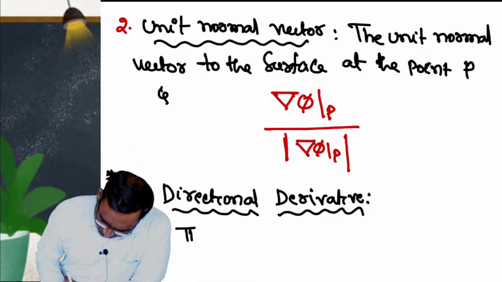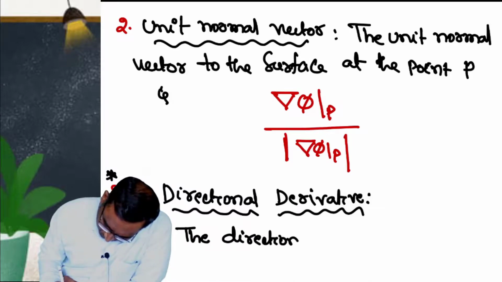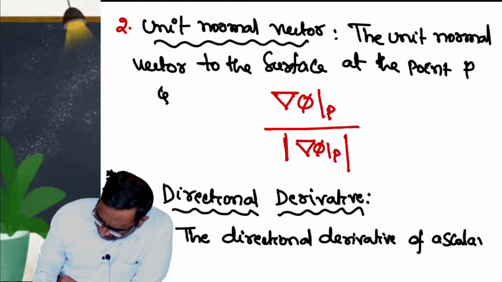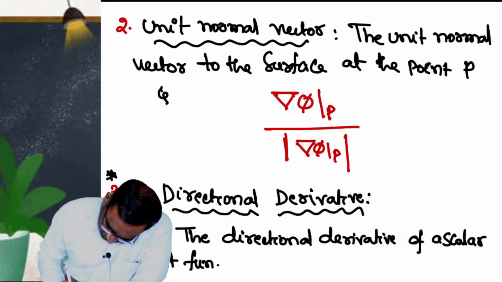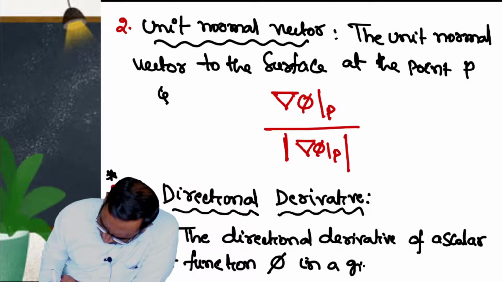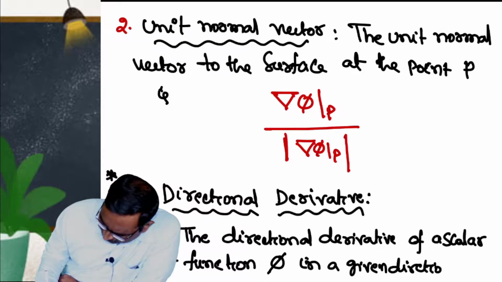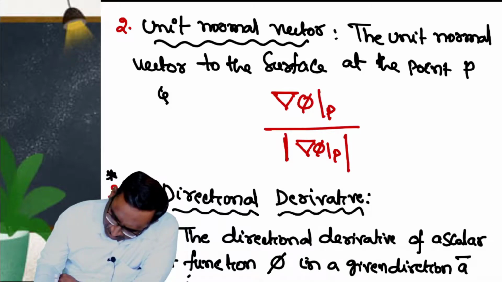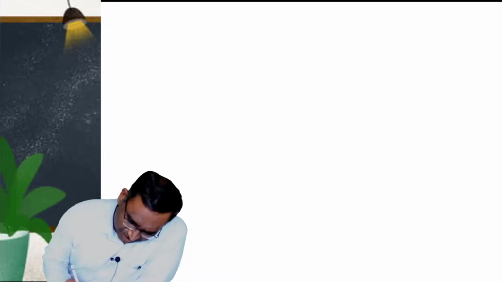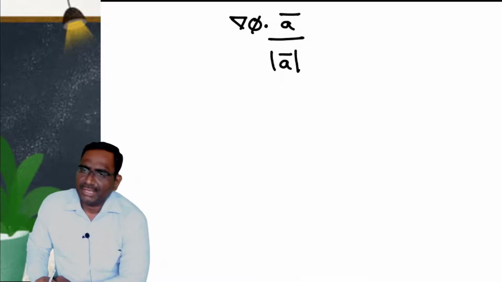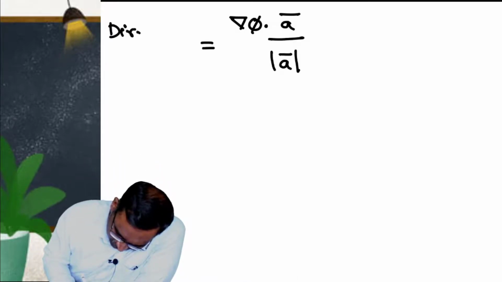The directional derivative of a scalar point function phi in a given direction A bar is del phi dot A bar by modulus of A. This is called the directional derivative.